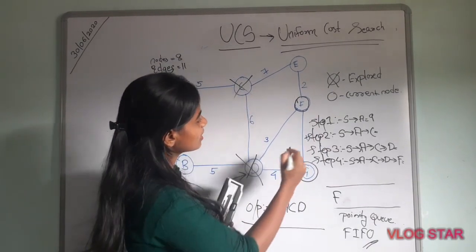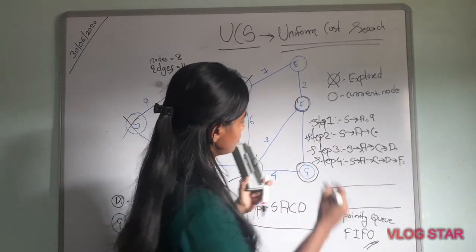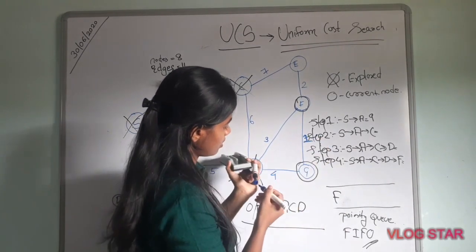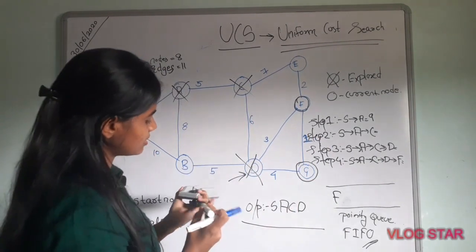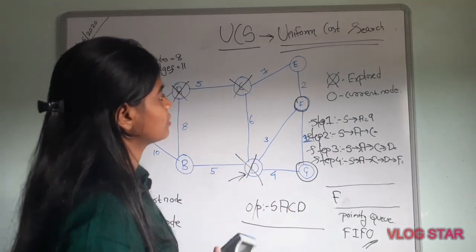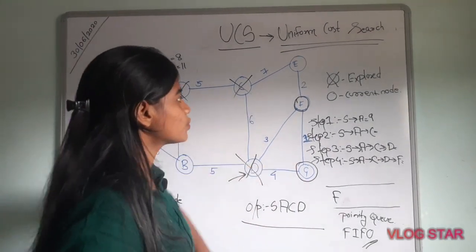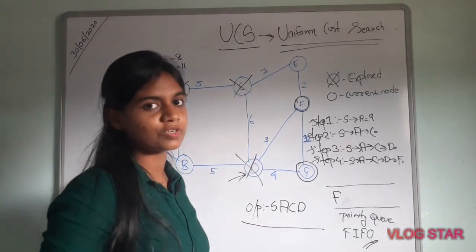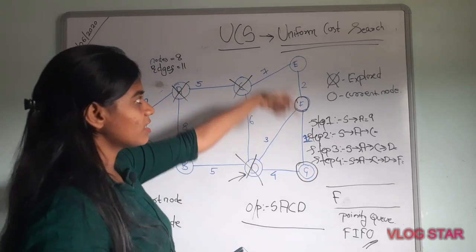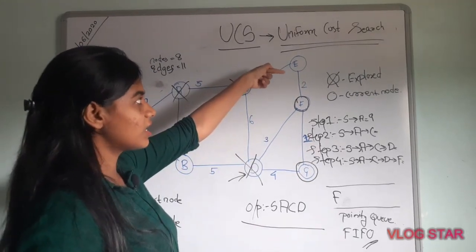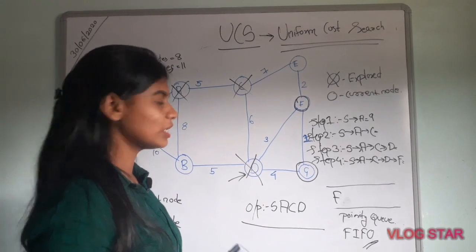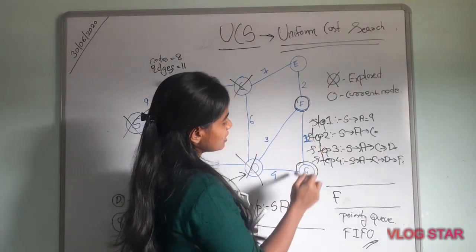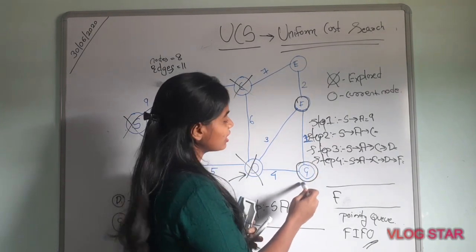But you can see that F connected to G is the cheapest value, and F connected to E is a little bit higher, meaning it's not the cheapest value. So E is greater than G. Now F is connected to G, so we have reached the goal node.